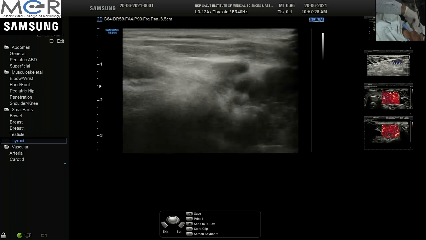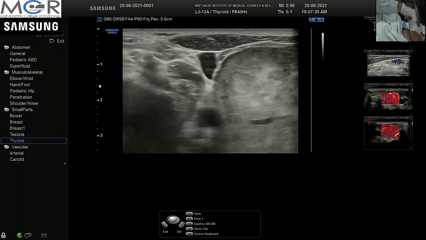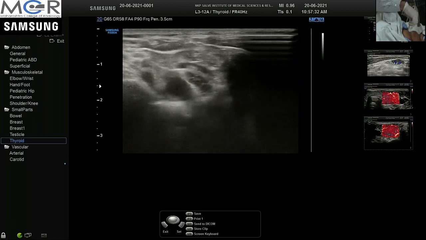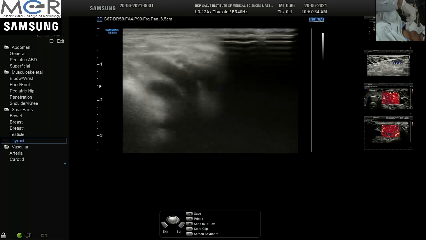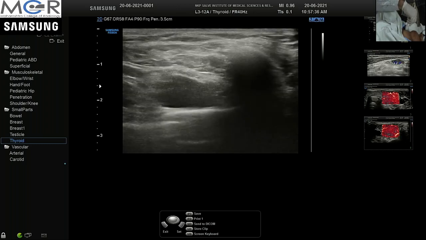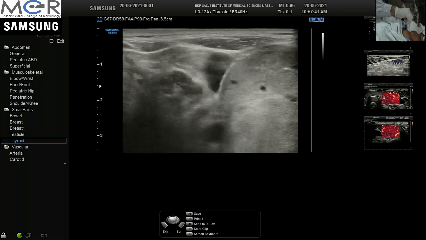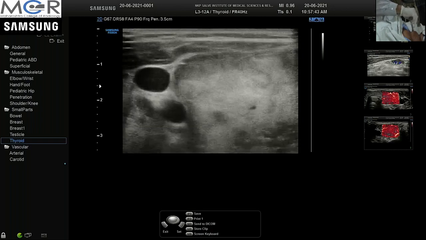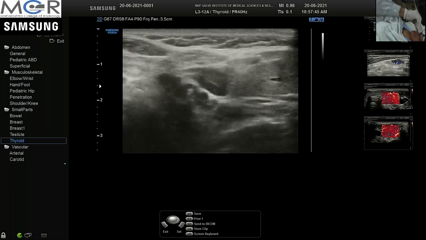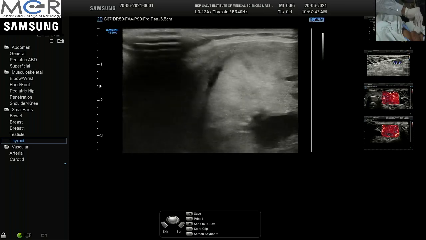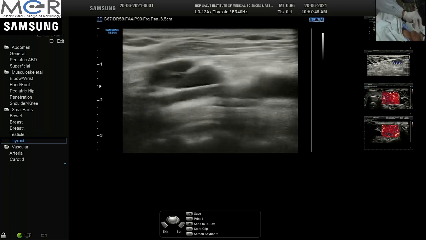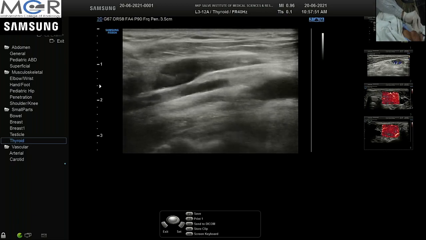We'll try to find out whether there are any nodes of which cognizance should be taken. We are coming down almost up to the supraclavicular region, that is the subclavian. We go back again and complete our search. It's always better to see it twice than to miss any lesion. Make your probe longitudinal and try to see whatever you had seen.